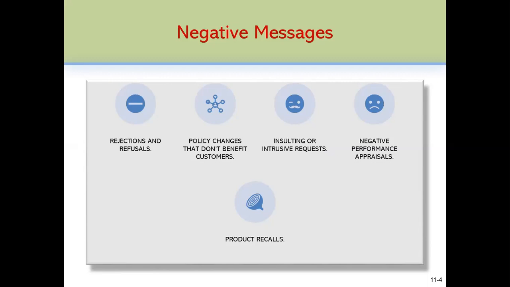Maybe there are some insulting or intrusive requests coming from customers, or within the organization, a performance appraisal which has an outcome of bad news for the employee. And lastly, product recalls. Lots of organizations out there have recalls. If there is a bad product, they have to recall it, and so it's bad news coming out in the press for them. So how do they deal with that?